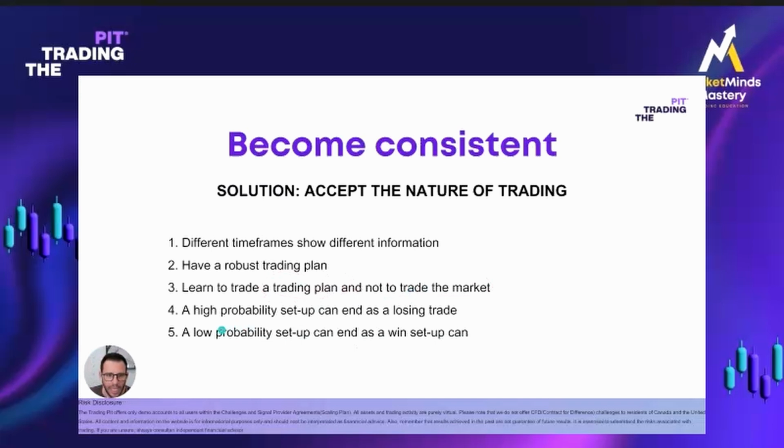Okay. And what you have to understand and really accept is that a high probability setup can end up being a losing trade. A high probability setup, guys, not a low probability setup. Take a trading plan that has 4 parameters, which I will show you later. You tick the first, let's say you want to buy: do I have support?